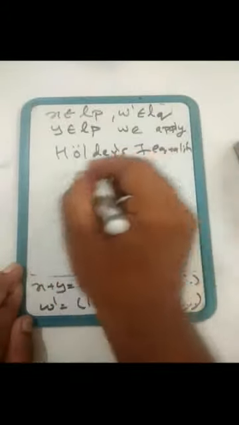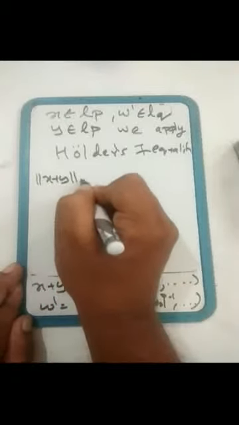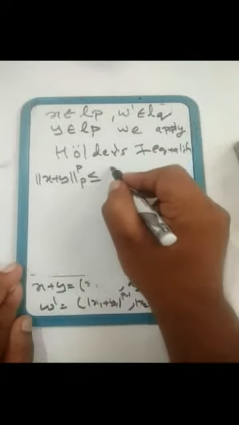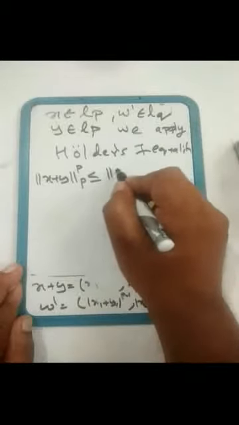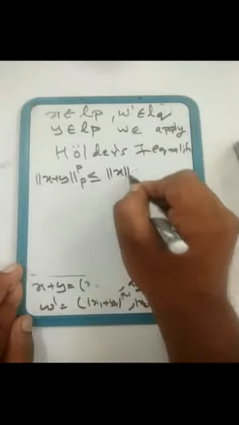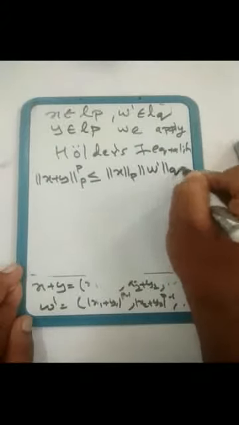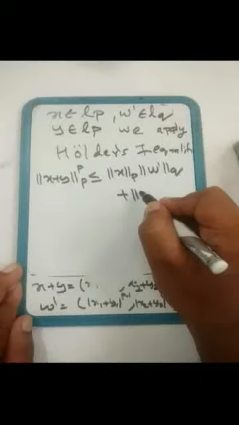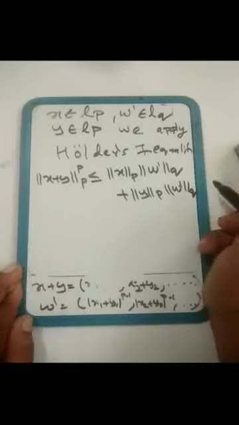So we get that this is the pth norm, which was less than or equal to norm of X, pth norm, times norm of W dash, plus norm of Y, pth norm, times the norm of W dash, its qth norm. Okay.